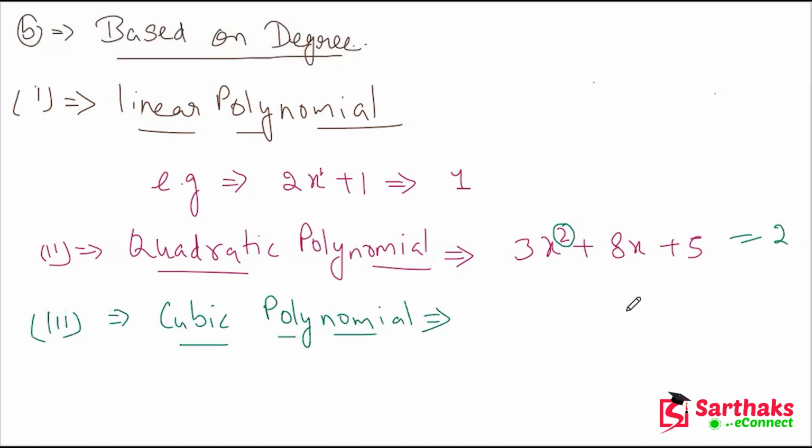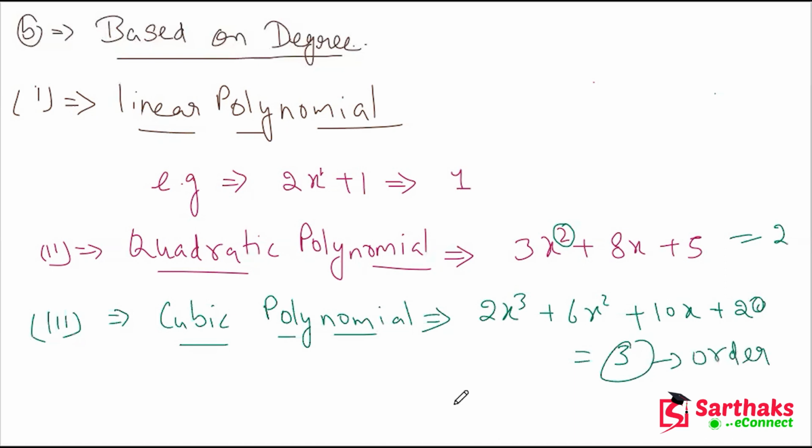For example, 2x cube plus 6x square plus 10x plus 20. Here the maximum power is 3, so the degree is 3. So we can say that this is a cubic polynomial. I hope you get this point.